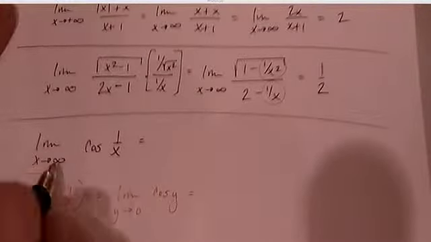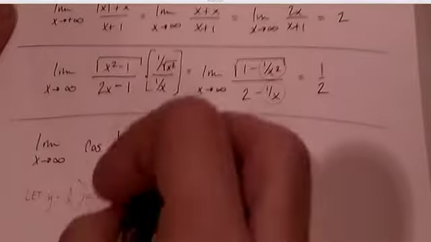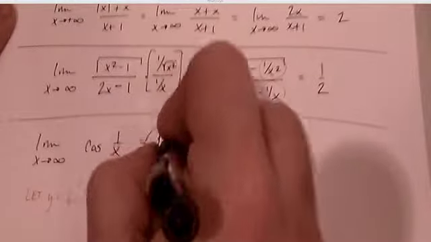But you just have to know that as x goes to infinity, 1 over x goes to 0, and cosine of 0 is 1. Now, a couple more before we finish up here and move on. How about the limit as x goes to infinity of x minus cosine x, all of that over x?